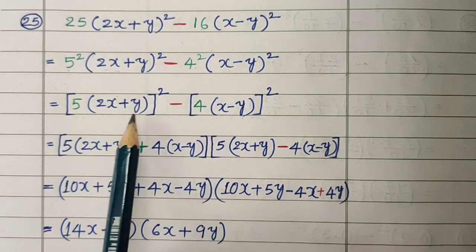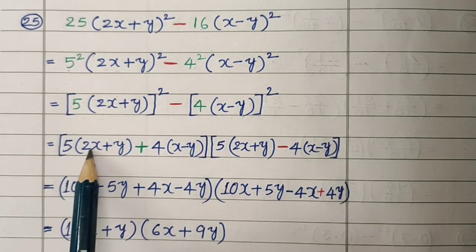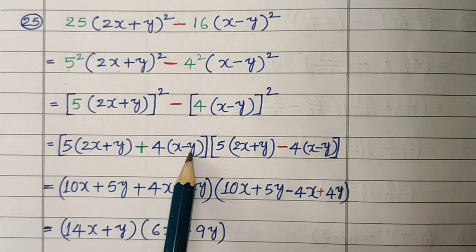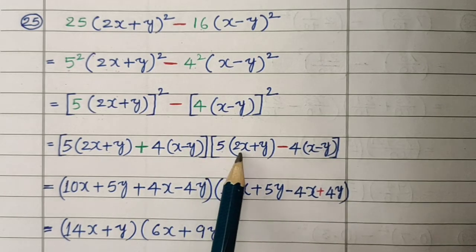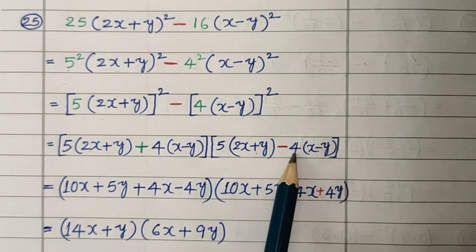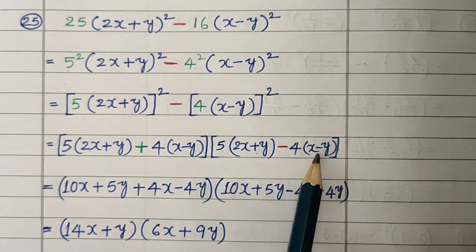(a plus b) into (a minus b): a plus b is 5 into (2x plus y) plus 4 into (x minus y), into 5 into (2x plus y), which is a, minus 4 into (x minus y), it is b.